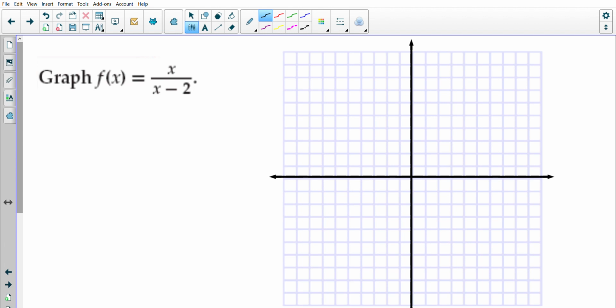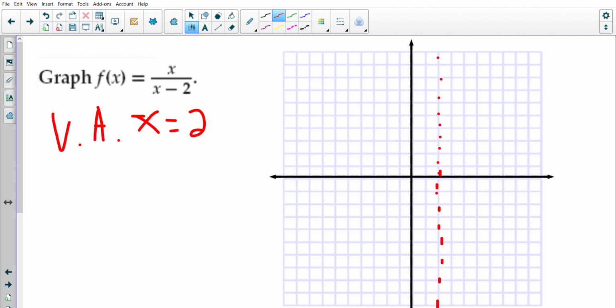So here we can see the vertical asymptote, since we can't do any reductions, would be at x equals 2. So I'm going to draw my x equals 2 vertical asymptote. Okay, and now I'm going to find my horizontal asymptote.